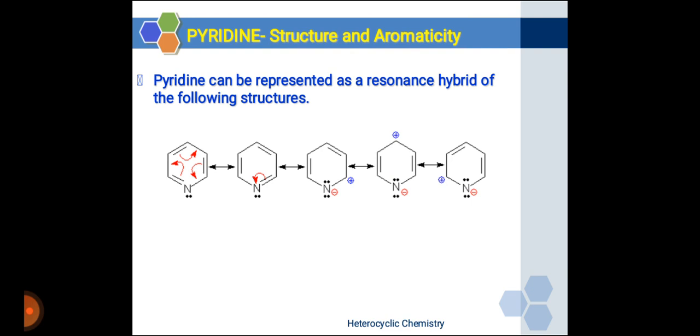So totally 5 types of resonating structures are involved. In the ortho, para and meta positions, positive charges are involved. The positively charged carbon atom easily accepts electrons, so that it acts as a very good basic compound in nature.